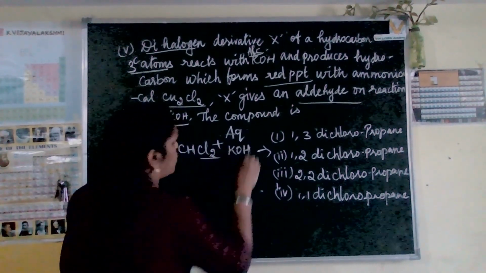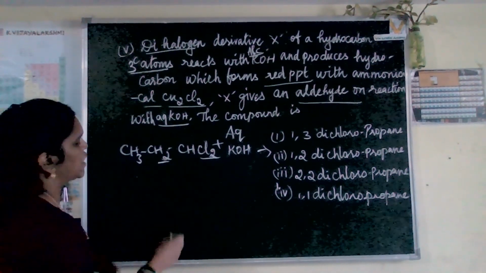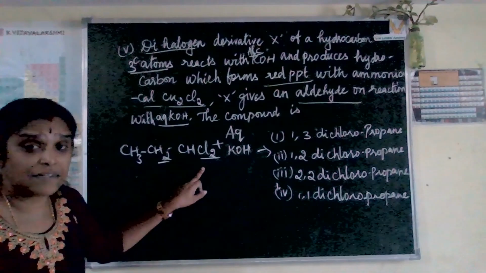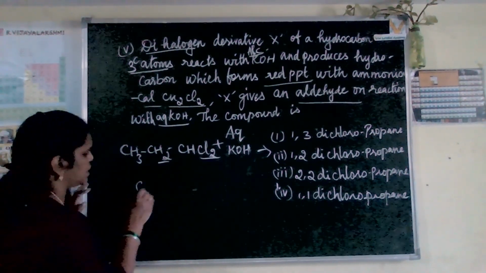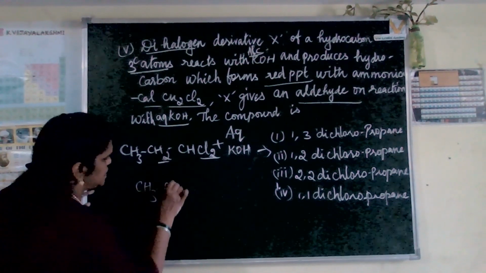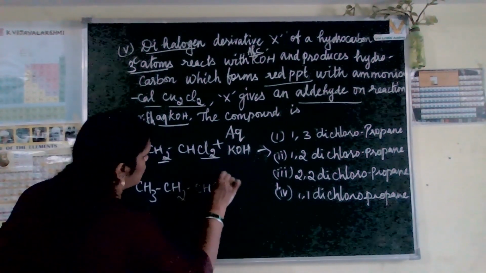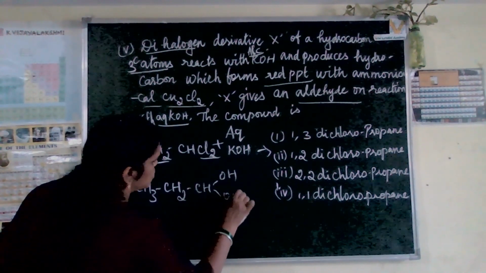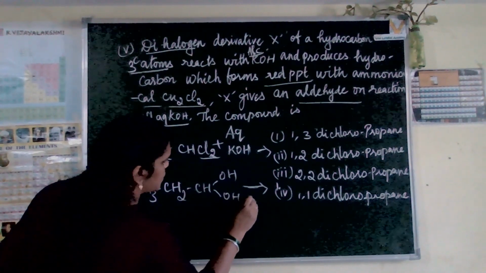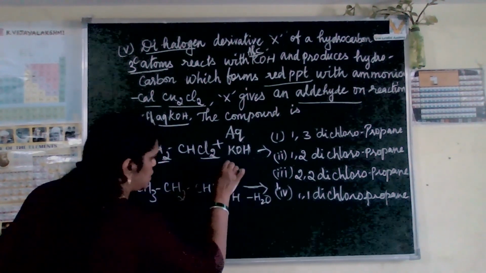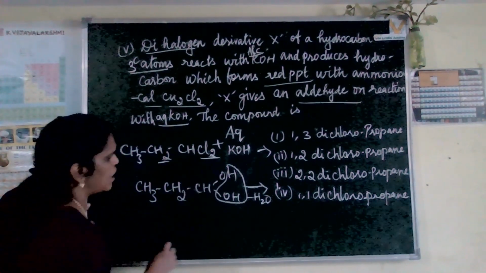So aqueous KOH is a substitution reaction. Now what is the formation you are getting? Two halogen atoms are available, so you will get aldehyde formation. So CH3 CH2 CH, here one OH and here one OH. Then removal of water, H2O.